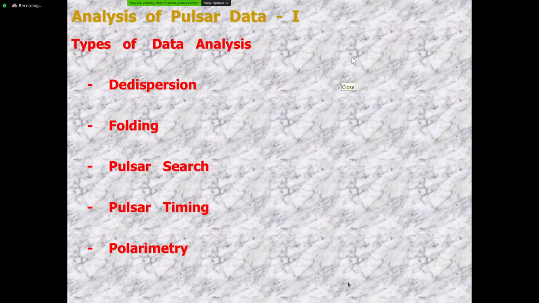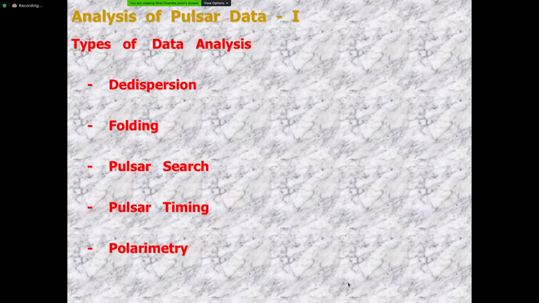It might actually help the students anyway. I have very brief material, I assumed that everything had been discussed, so that's why I'm rushing through. Pardon me, all the students, because I was assuming that you know everything about pulsars. Okay, so let's move on with the data analysis part, which is very quick and I can finish that.